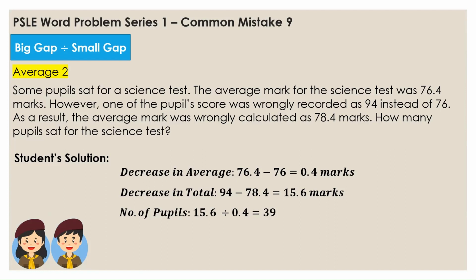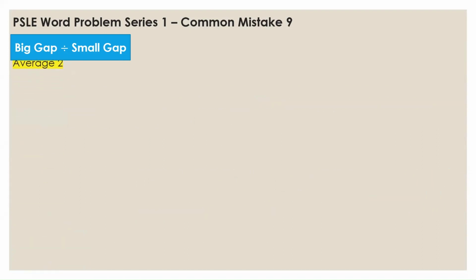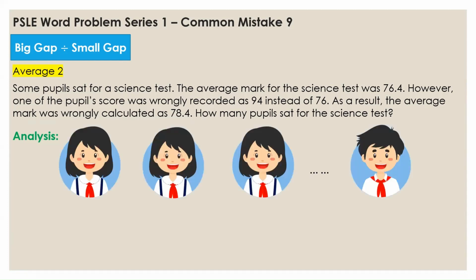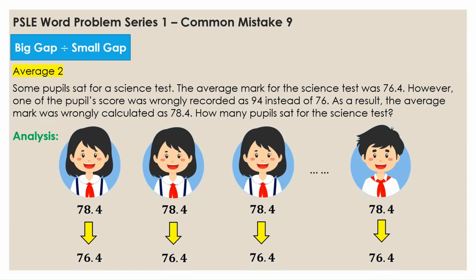Let's look at the detailed analysis first. The pupils' average science score was 78.4 marks at first. Due to a recording error, the pupils' actual average should be 76.4 marks.